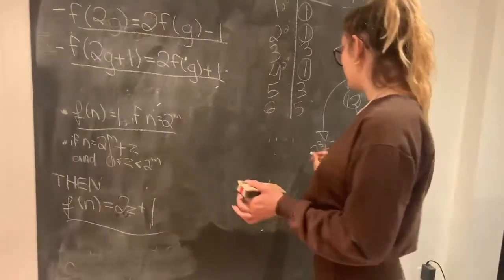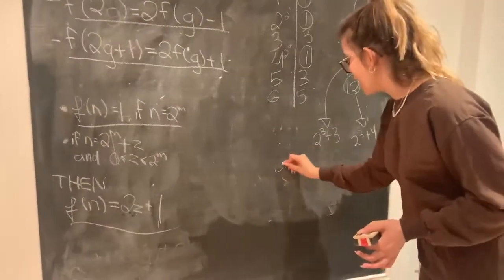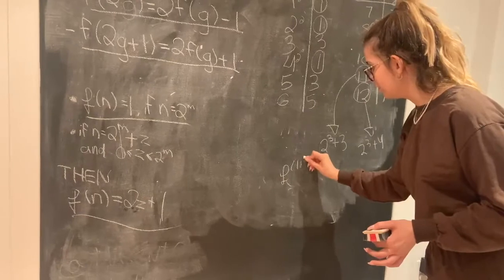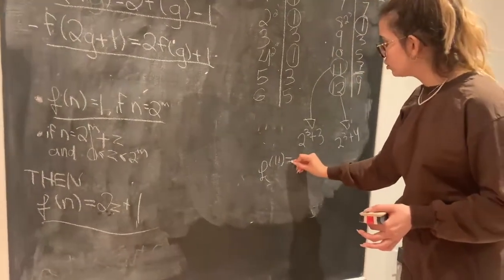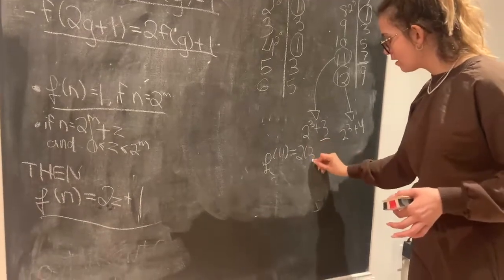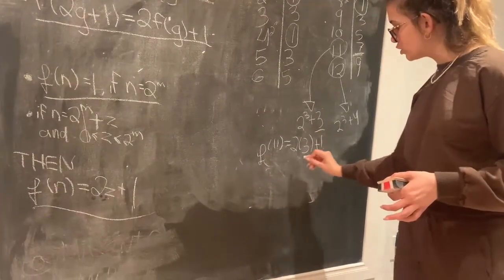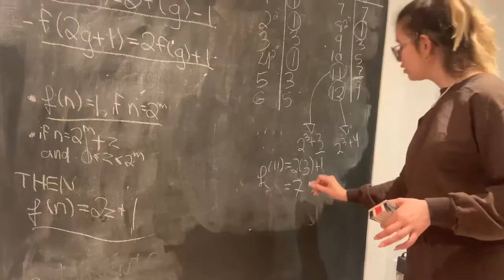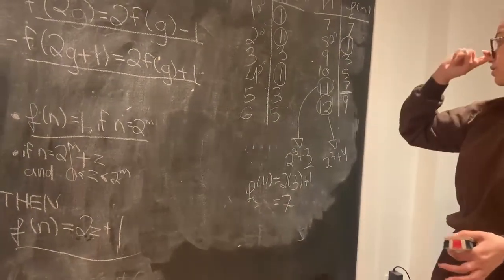So now let's start with our 11. If we take our formula, f of 11 is equal to 2 times the constant z, so 3, plus 1, which gives us 7, which is once again what we found here. So that works out.